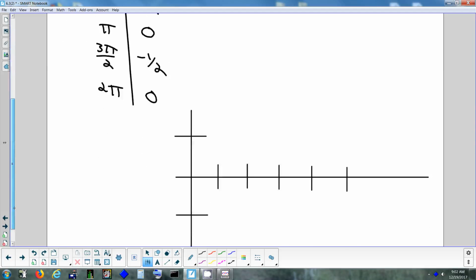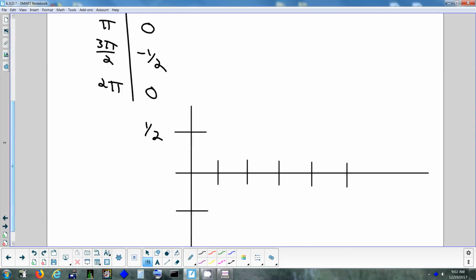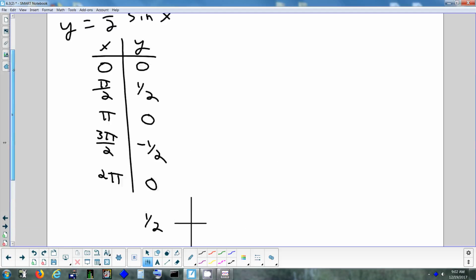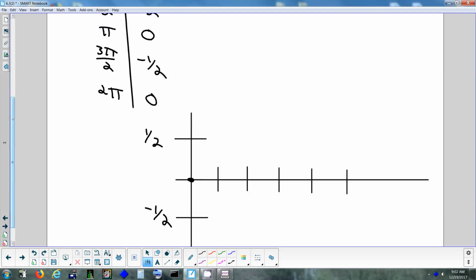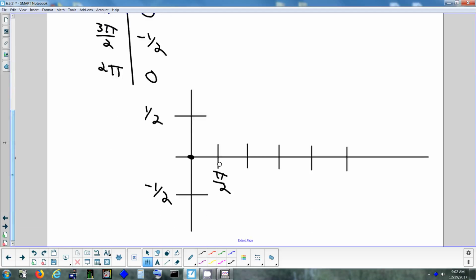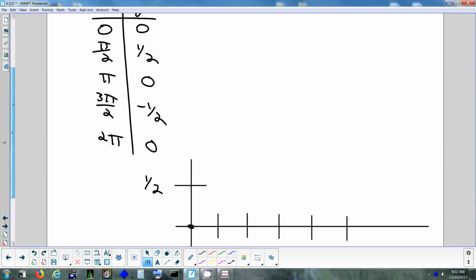Now we'll make our sketch. Because I'm scaling my y-axis again, this is going to look exactly the same as every sine wave you've drawn so far. So we've got 0, 0. And probably a better idea to put your labels a little bit lower so you don't draw through them as much.